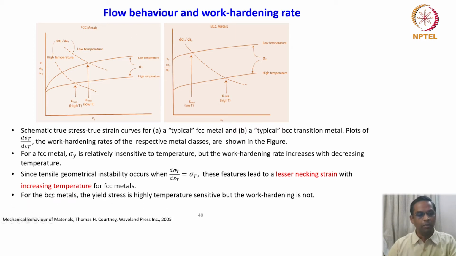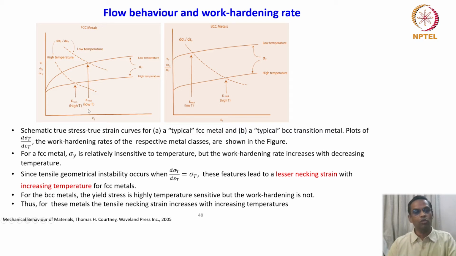If you look at the BCC metals, the yield stress is highly temperature sensitive. You see that there is a huge gap between the yield points. But the work hardening rate is not similar. Unlike the FCC metals, the work hardening rate does not get influenced by temperature. So what does that mean? Thus, for these metals, the tensile necking strain increases with increasing temperature.